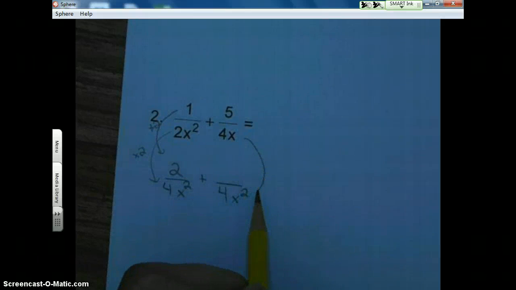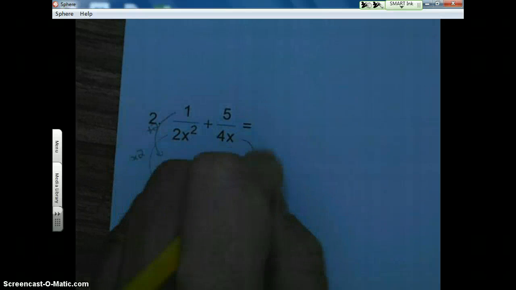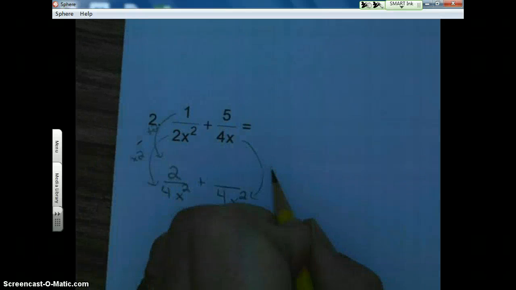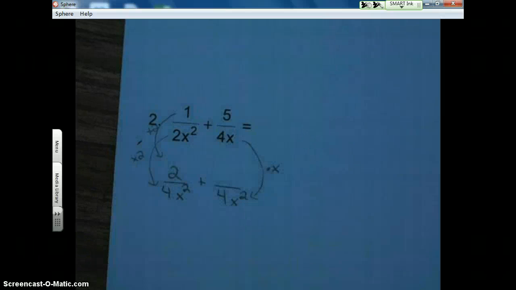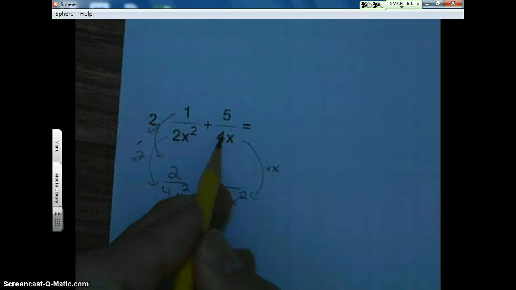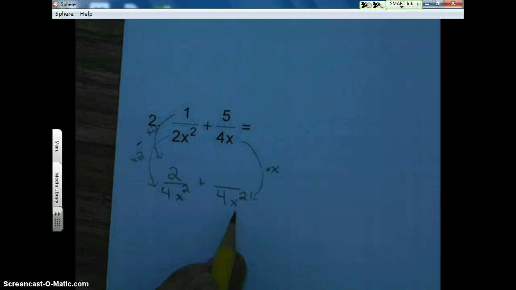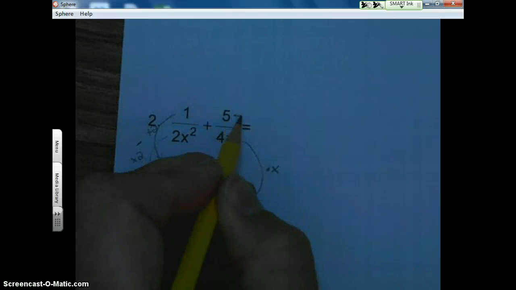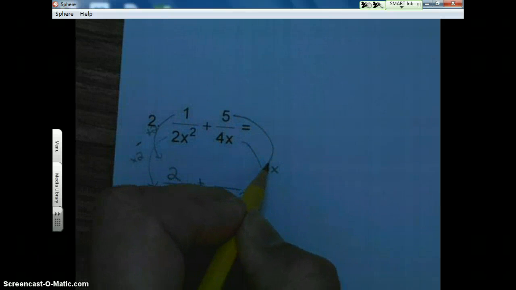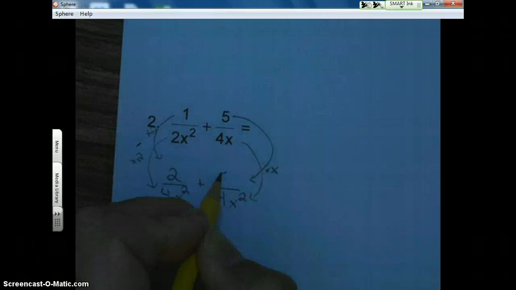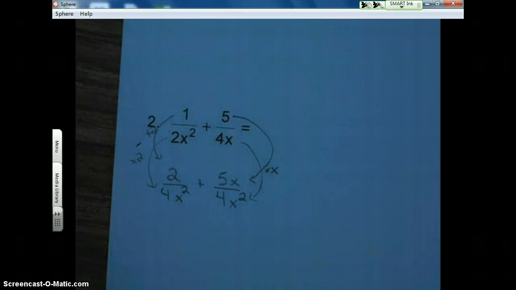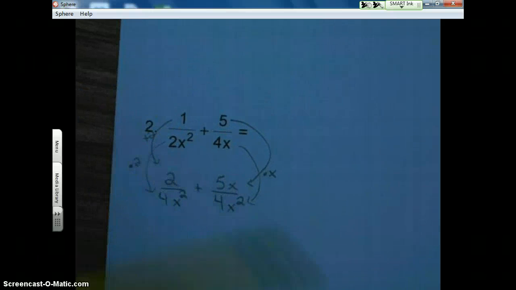So this multiplied by x. I should use a dot. This multiplied by x. 4x times x is 4x squared. So 5 times x is 5x. Okay. Instead of using x, I need to use a dot.